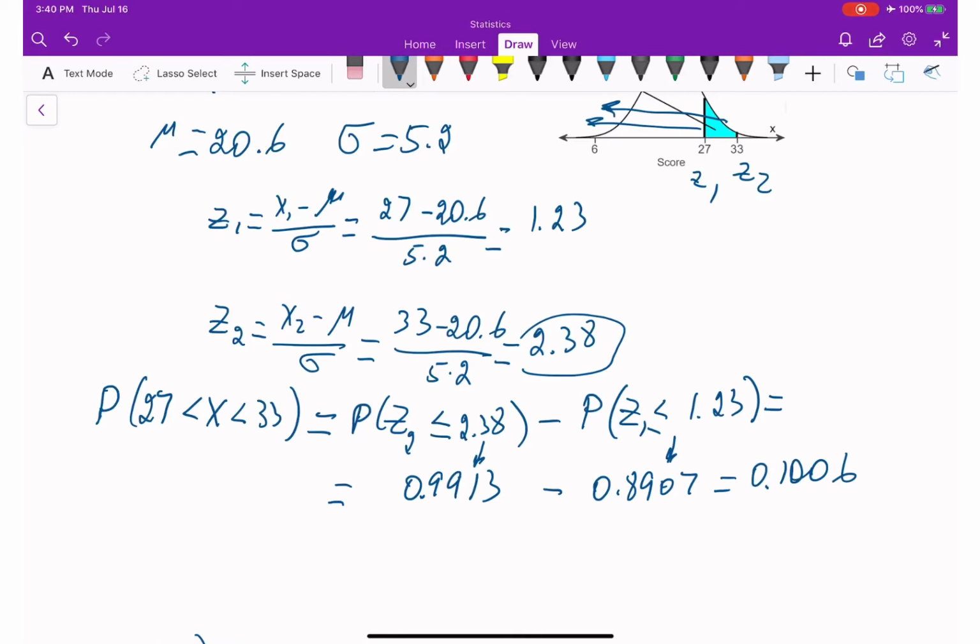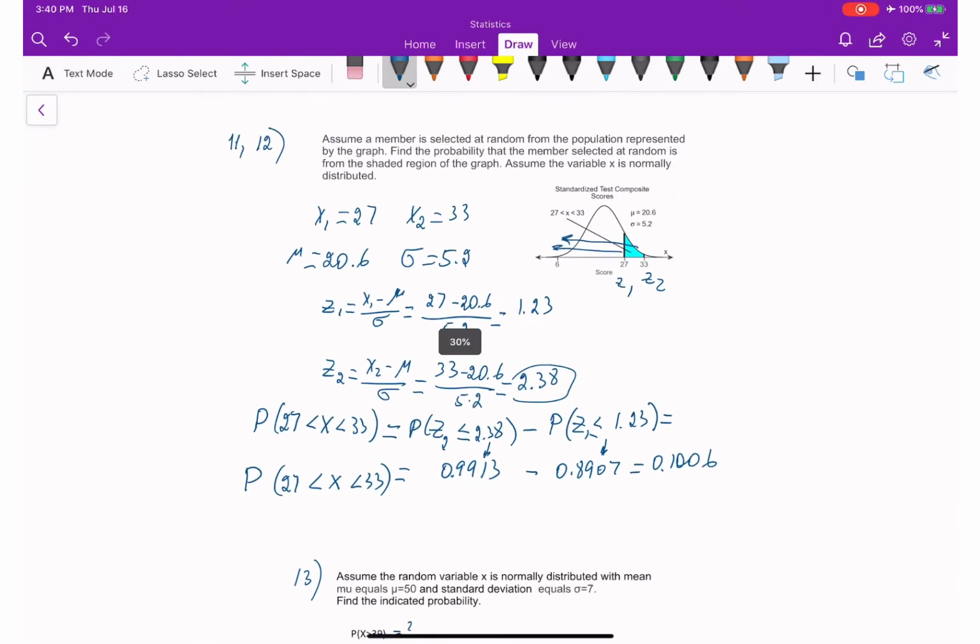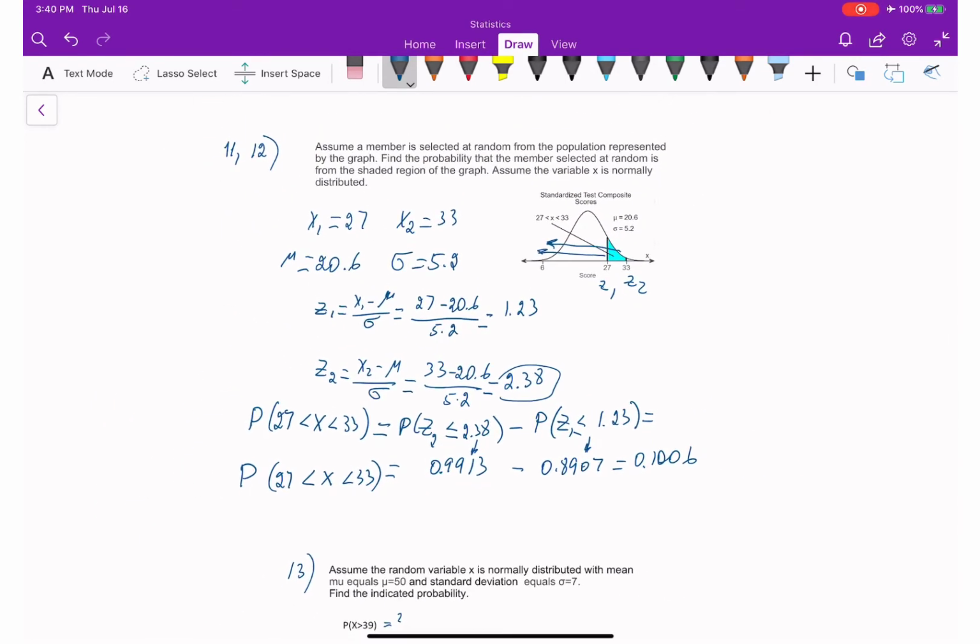So this is practically x greater than 27, less than 33, put parentheses, here is probability. And we got the answer. So, okay. Moving to next question.